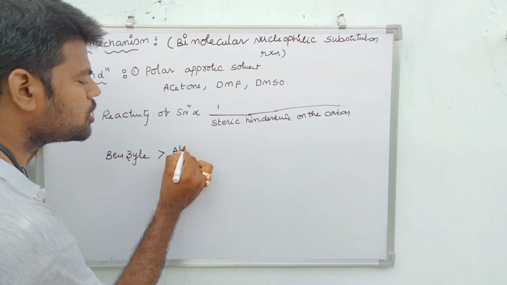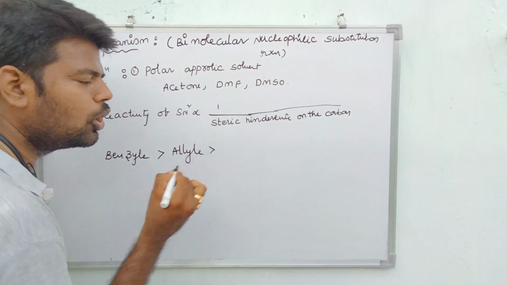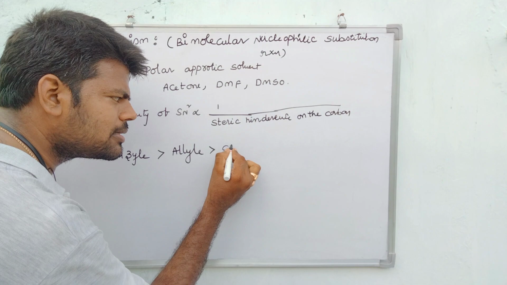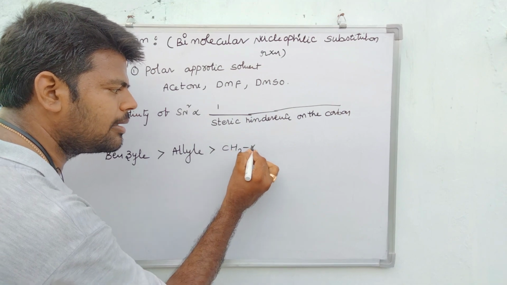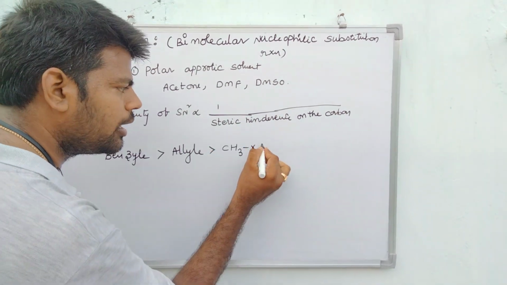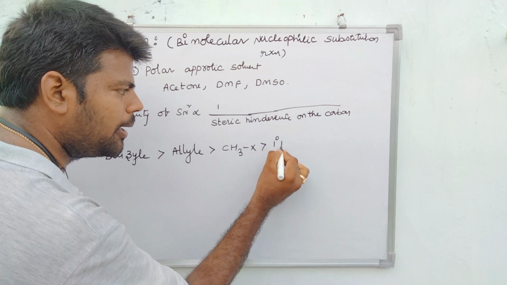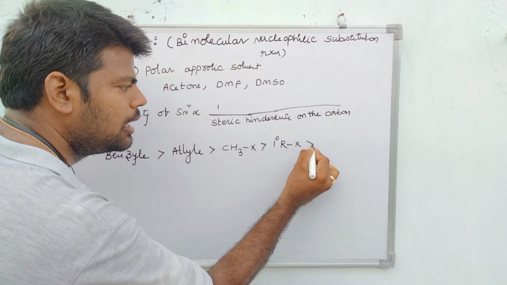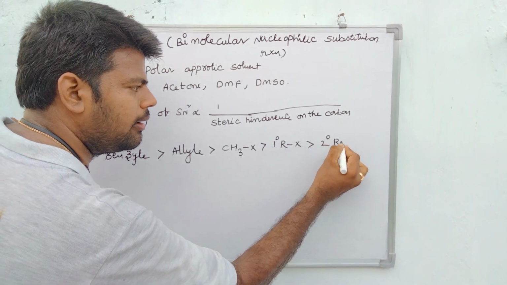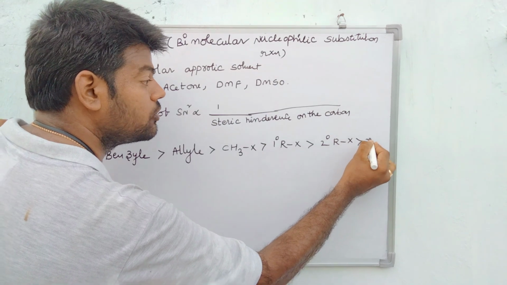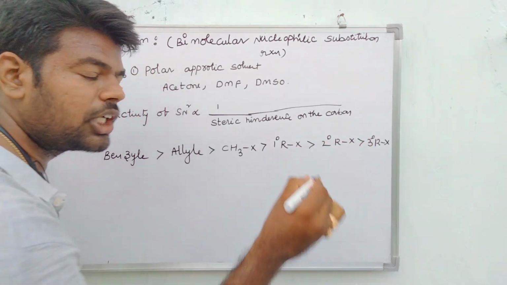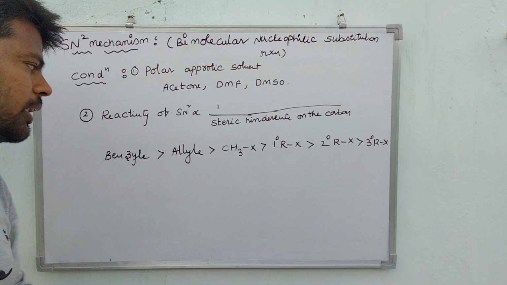After that comes the allyl group. Later it becomes a simple halide, like CH3X, or a primary alkyl halide, then a secondary alkyl halide, and last, a tertiary alkyl halide. This is an important thing.